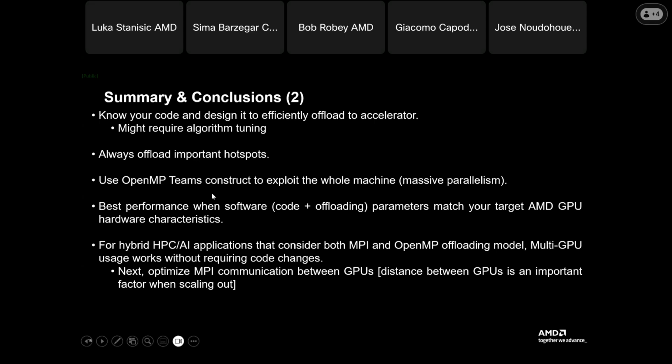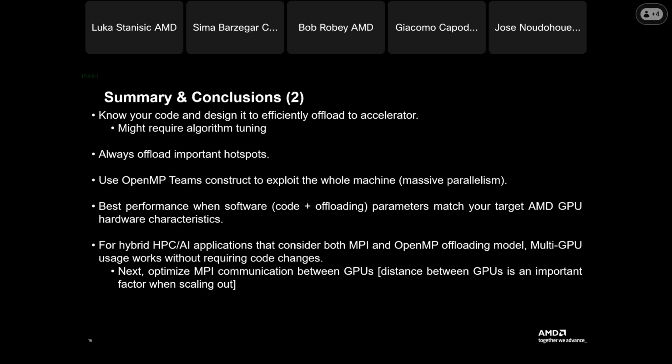If you are doing OpenMP, you can use the OpenMP teams construct to exploit the whole machine. One important thing is that you need the best performance. You will generally get the best performance when the software parameters match your target AMD GPU's hardware characteristics.